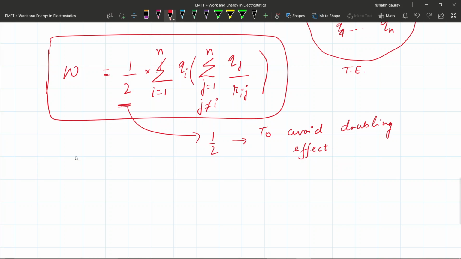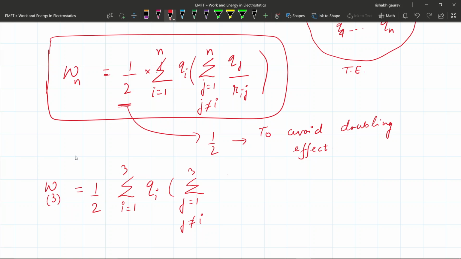Let us see how. Suppose this is for n number of point charges. This is the total stored energy. Now we want to do the same for 3-point charges. Then it will be given by 1 by 2 summation i is equal to 1 to 3, qi, summation j is equal to 1 to 3 and j not equal to i, qj upon rij.